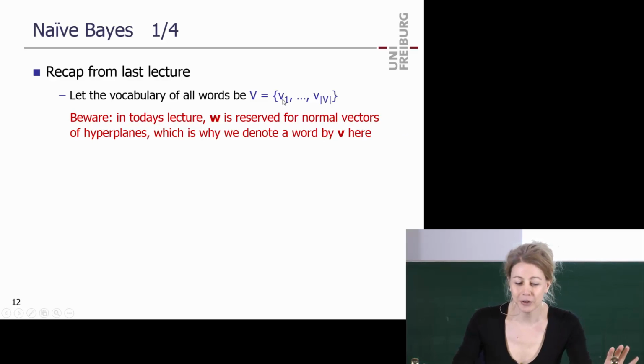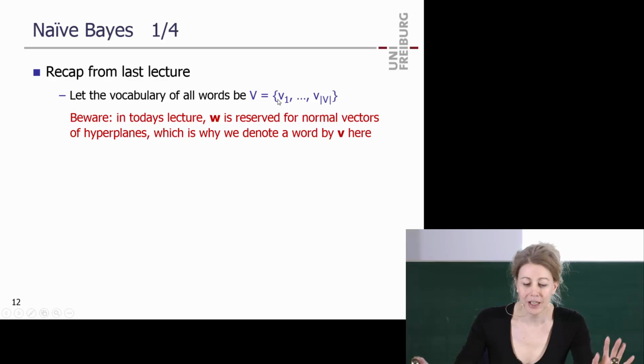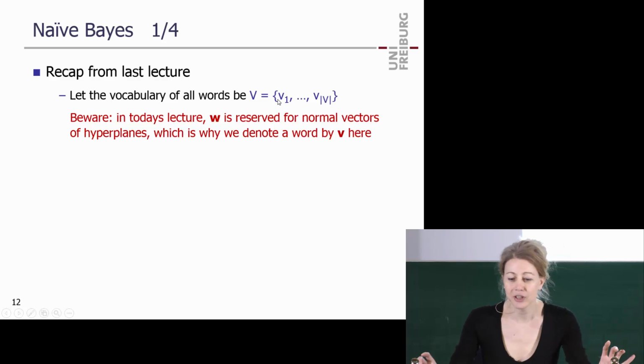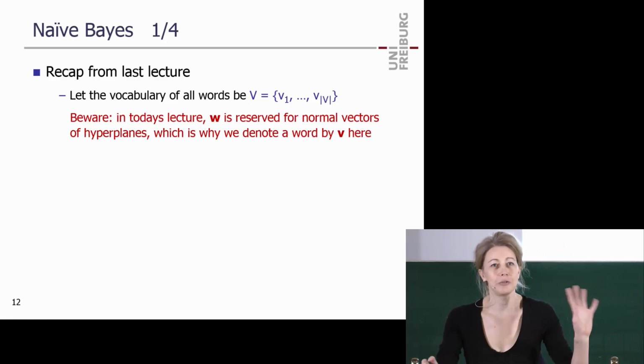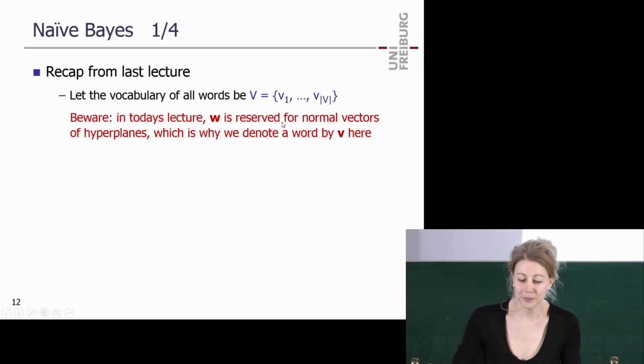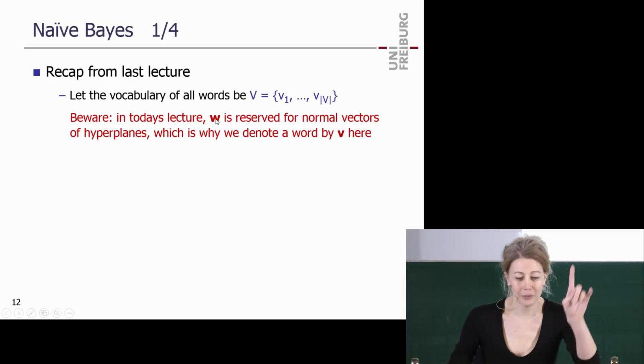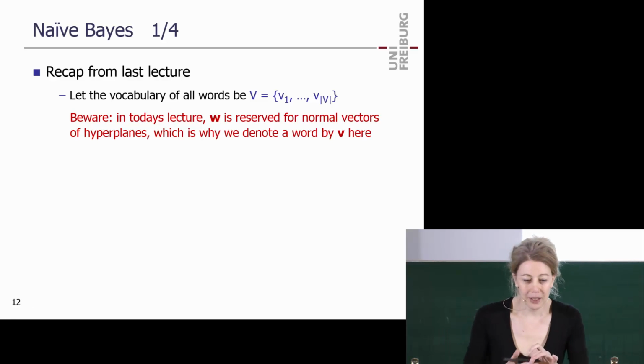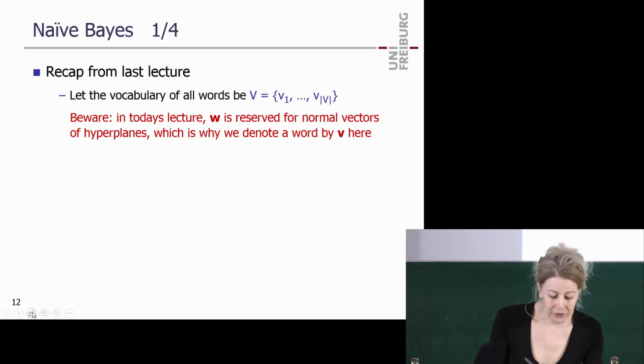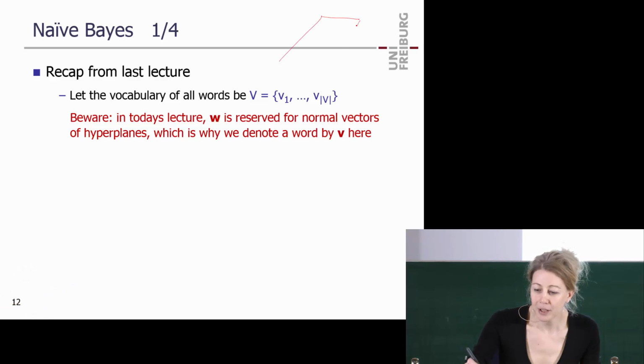V for vocabulary. I thought 1 hour about how to resolve this. In the last lecture, last time I gave it, I just didn't resolve it. I just used W for everything, which was a bit confusing. So now W is the vector from the hyperplane. Maybe I will just draw it again, right? So this is W.